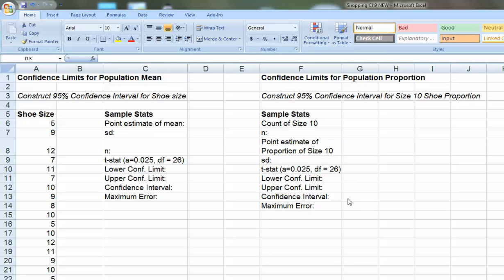If sigma was known, then we have an equation for calculating our confidence interval. When would this be known? If you pull a sample of values from the population, you can calculate a mean and a sample standard deviation. But when are you going to have a population standard deviation?